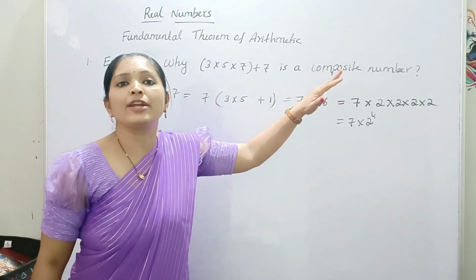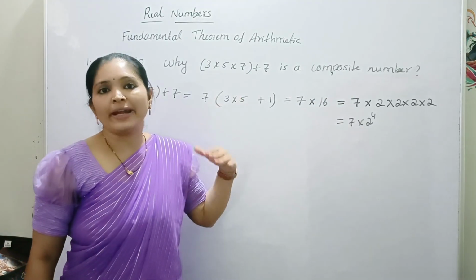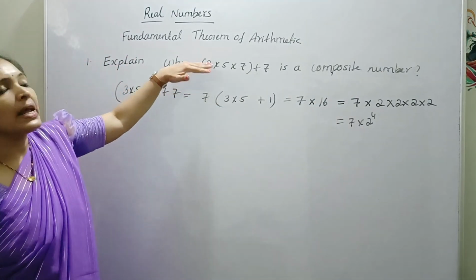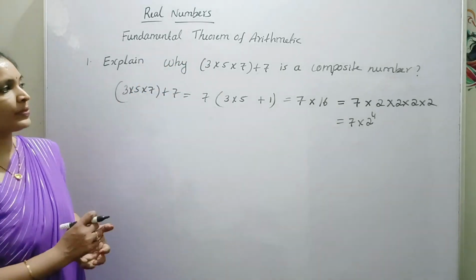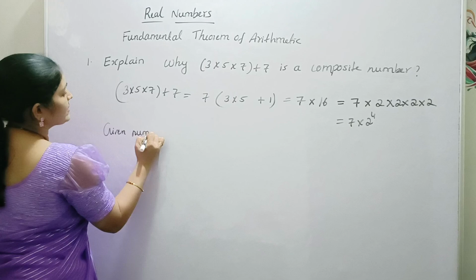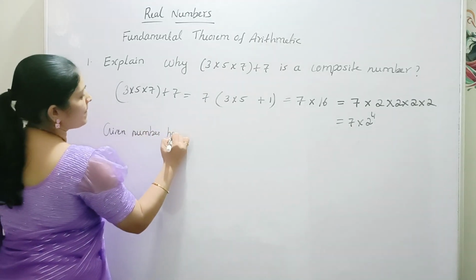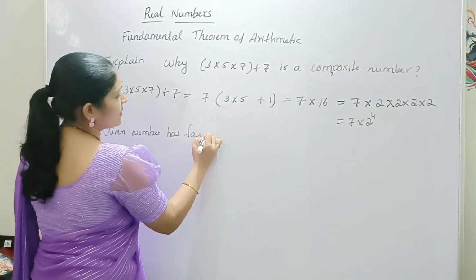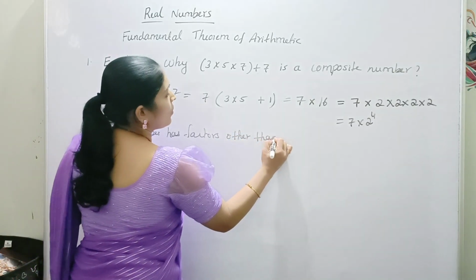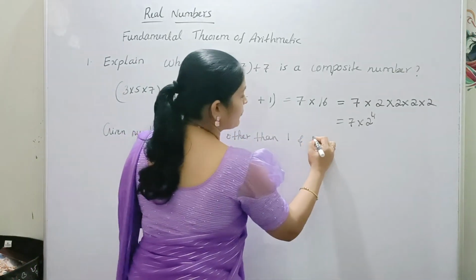Therefore, this number is a composite number. That is, the given number has factors other than 1 and itself. Therefore, it is a composite number.